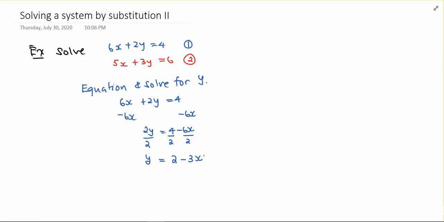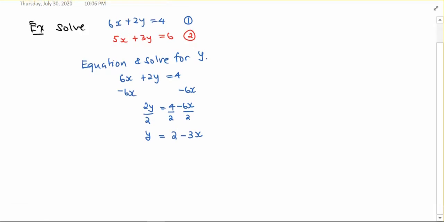So I'm going to now take my second equation, which is 5x plus 3y equals 6, and instead of the y, I'm going to use 2 minus 3x. So I have 5x plus 3 times 2 minus 3x equals 6.